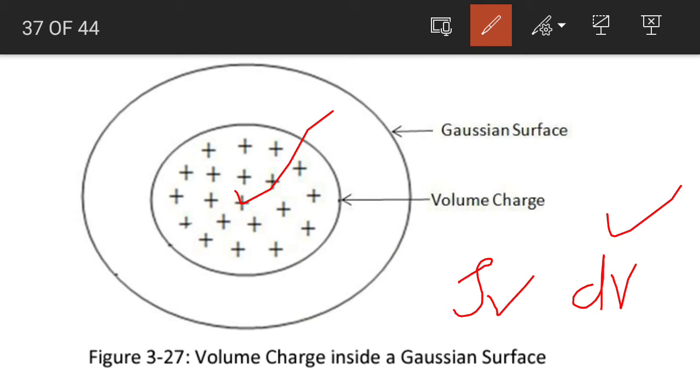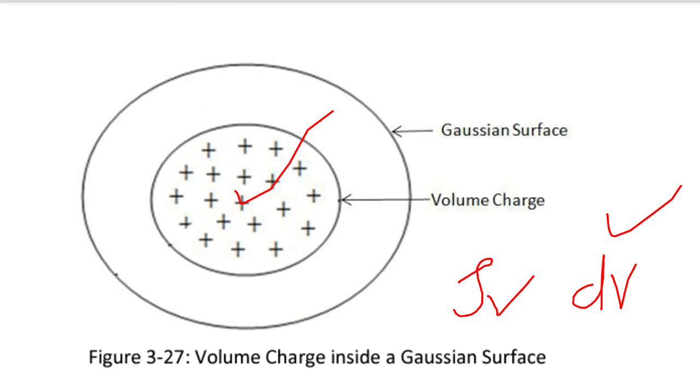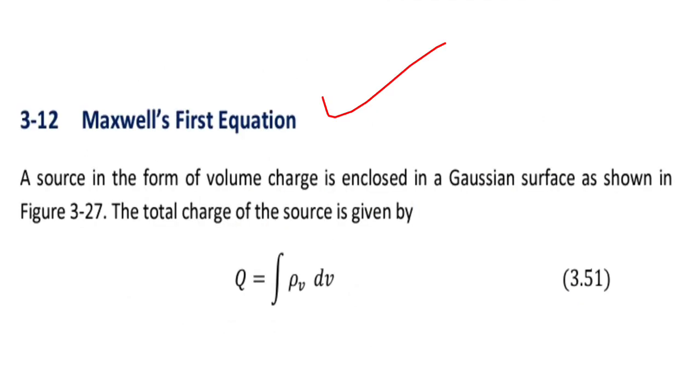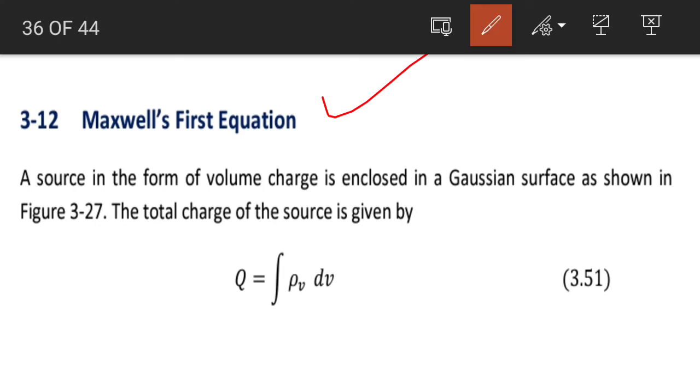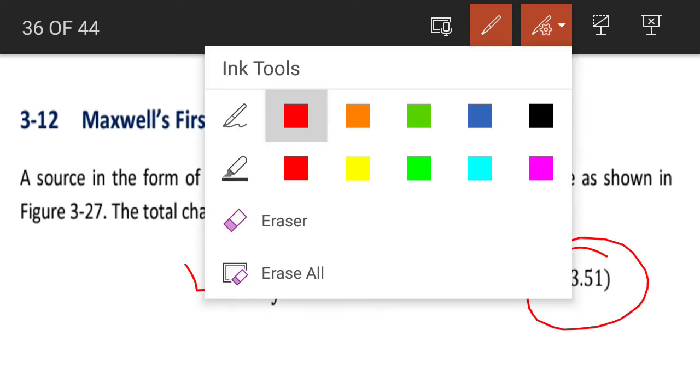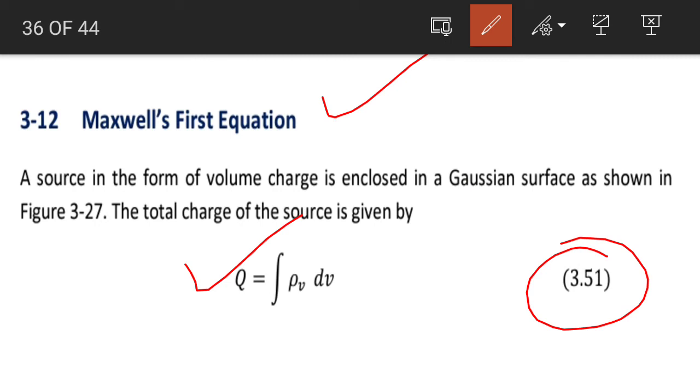So if the volume charge density is known, we can calculate the total charge inside this volume. So the total charge inside this volume will be equal to the integration of rho v dV. So equation number 51 is used to find out the charge inside this volume.